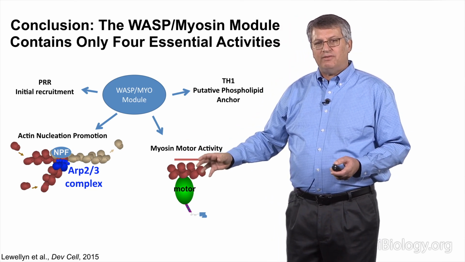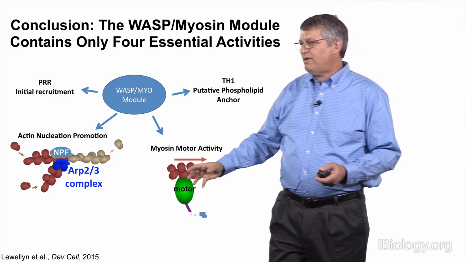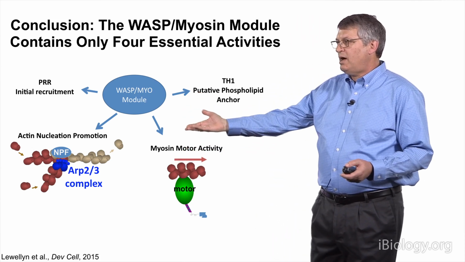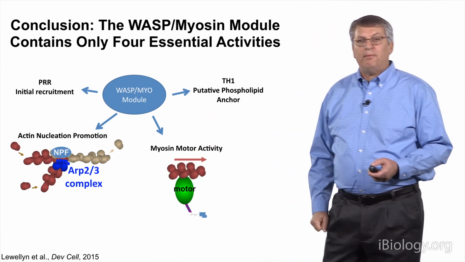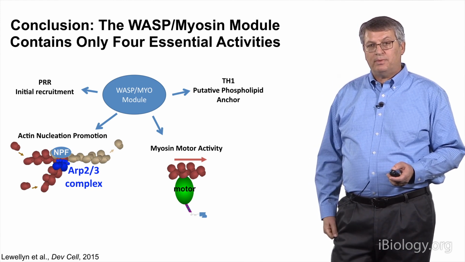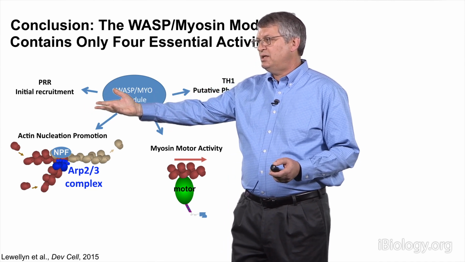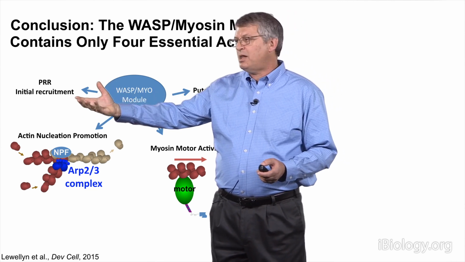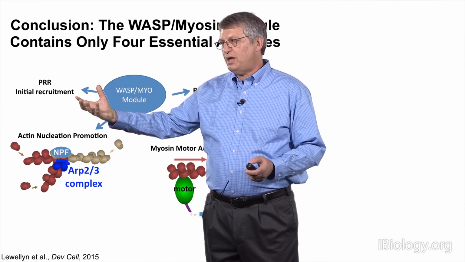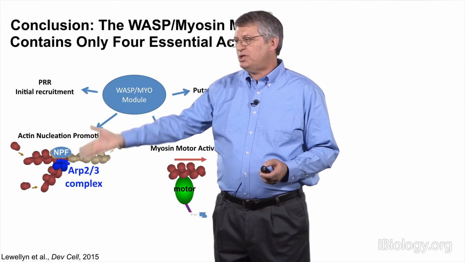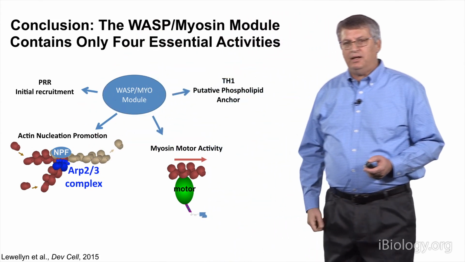A myosin motor activity is essential for productive endocytic events. You also need a so-called TH1 domain that binds to acidic phospholipids. Finally, a proline-rich domain was needed in this synthetic molecule because that proline-rich domain is required to recruit this molecule to the endocytic site.